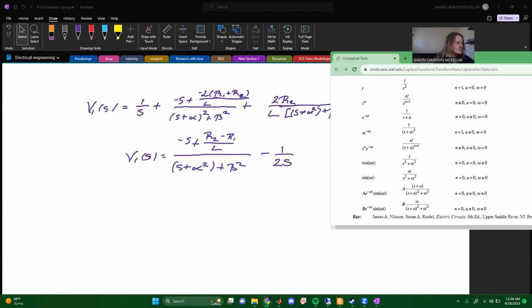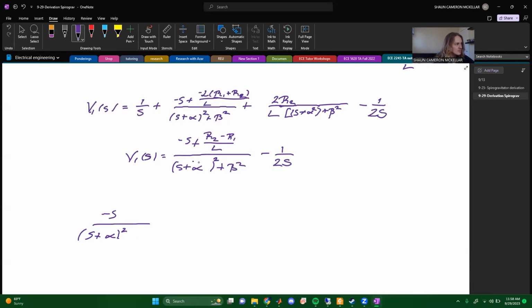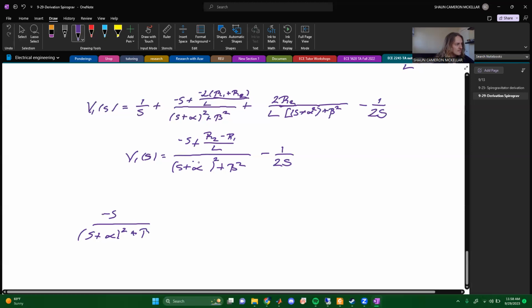And the trick you have to use, I'm just going to make this note, for the cosine portion, you have to use that minus s over s plus alpha all squared, plus beta squared. I have a typo right here. This is equal to negative s plus alpha minus alpha, all divided by my stuff.